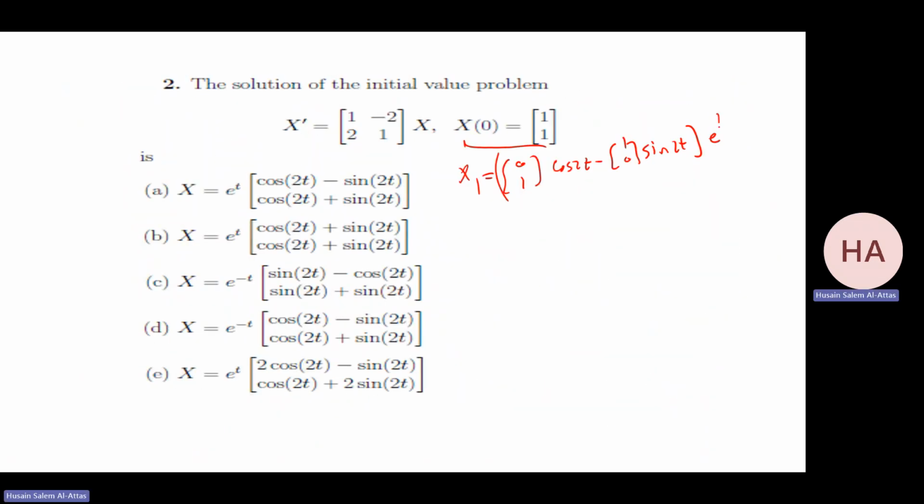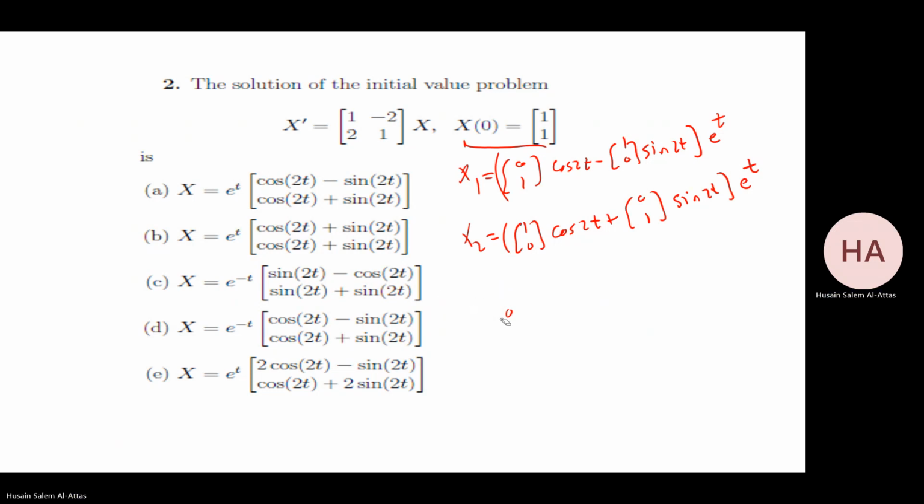Let me do it quickly. And x2, easy to do, will be 1, 0 cosine 2t plus 0, 1 sine 2t, times e to the power t. What is the condition? X at 0 is 1, 0.